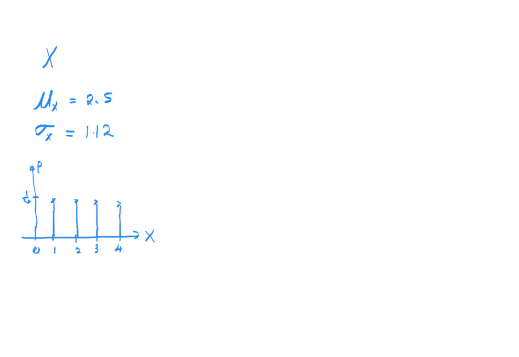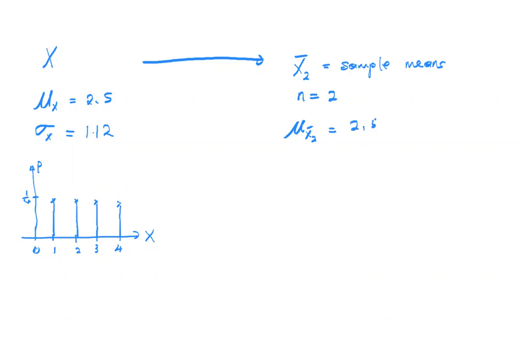Am I right? So now I talk about my sample mean distribution. The sample size, this sample is drawn from here. This is the sample mean. Okay, the n is equal to 2, the sample size. So we have the mean of the sample mean population equal to 2.5 also, and the standard deviation is equal to 0.791.